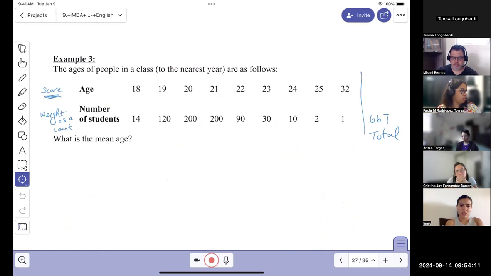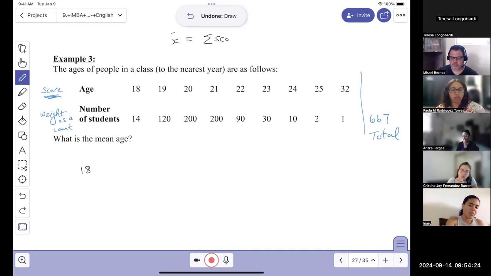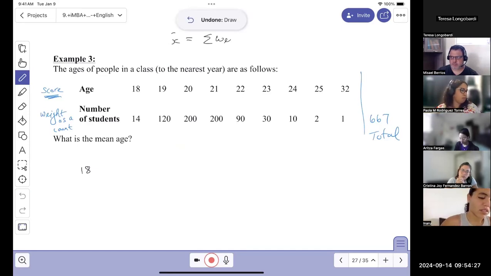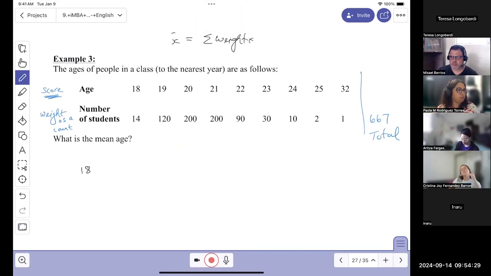So what we're going to do is still use the same idea, right? The weighted average is weight times score. That's how we're doing it. It actually doesn't matter which order you do it in because you're multiplying, but that's how we're going to do it. So weight is going to be 14.